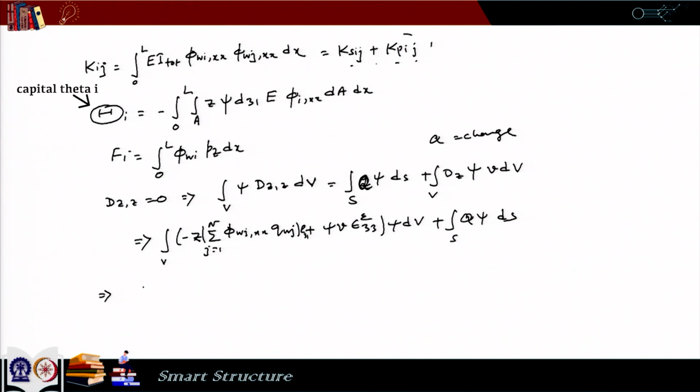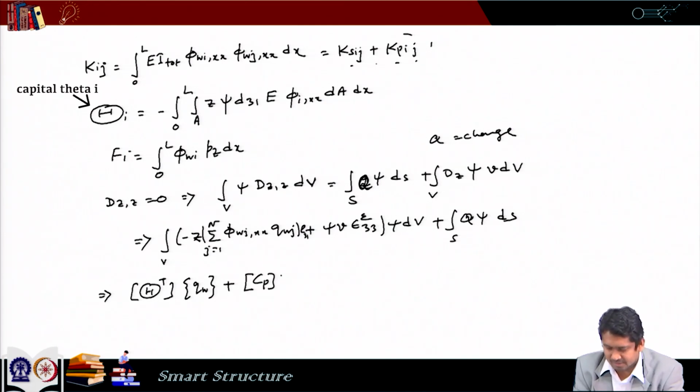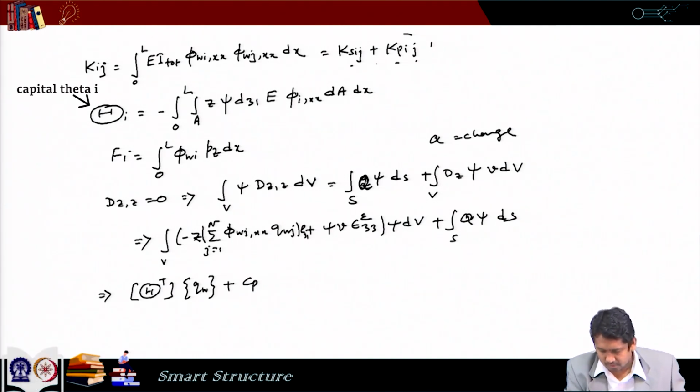So, this gives us the equation as psi phi t multiplied by q w plus Cp is just one value here. So, we may just write it as Cpv plus q is equal to 0.